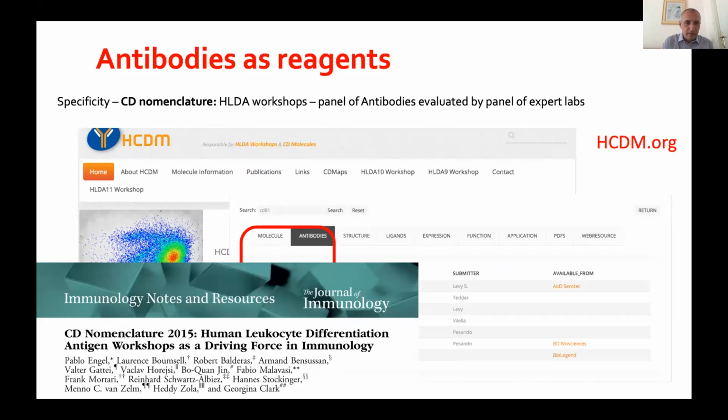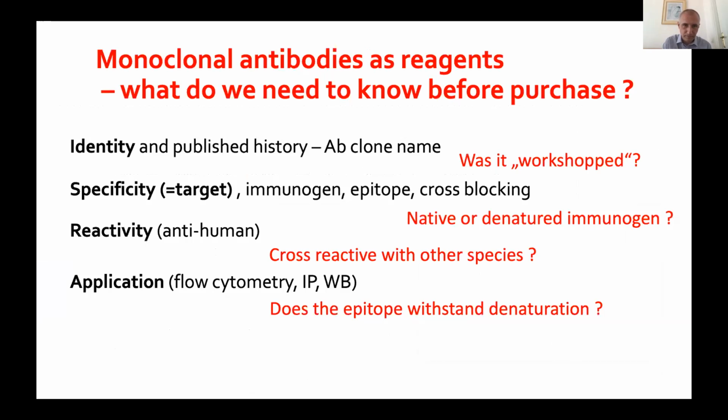And this is a recent paper that is summarizing the different nomenclature and achievements of the HLDA over the years. So what is important for each of us? I think very important and often overlooked is the fact that a clone name is some sort of identity of the reagent, of the clone.